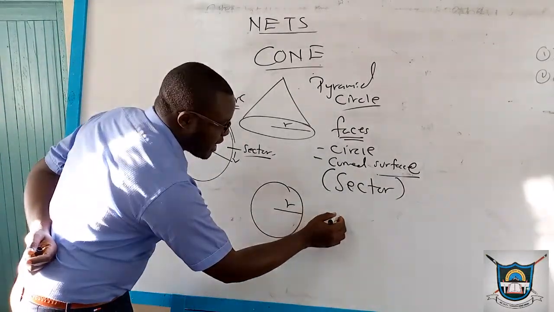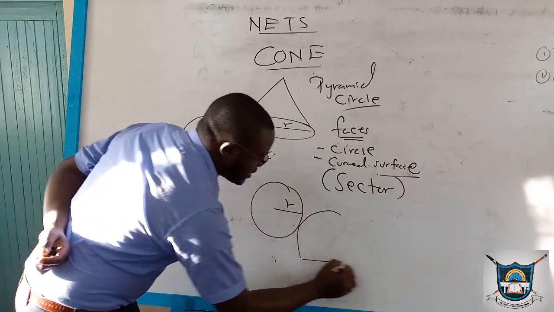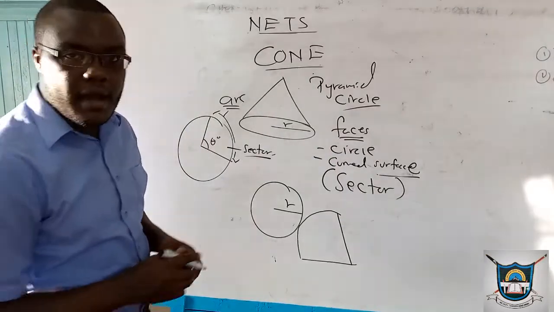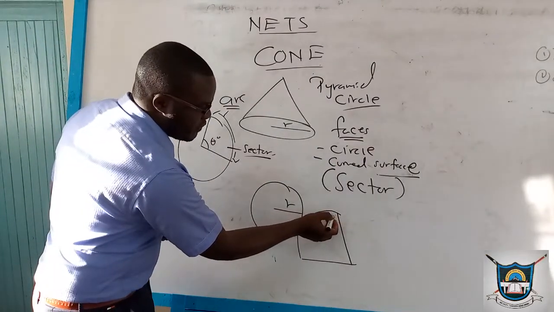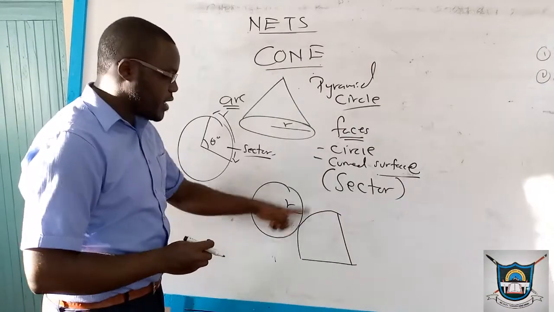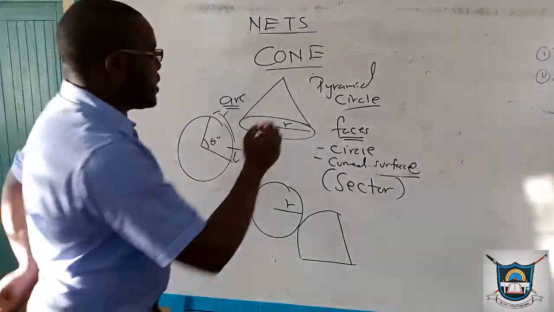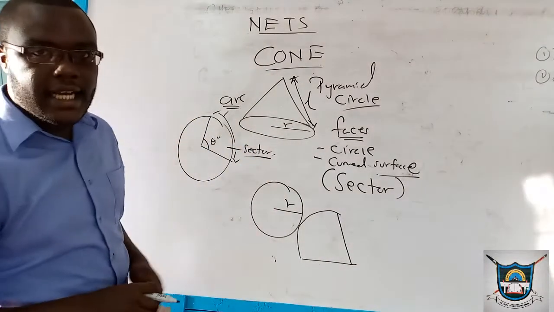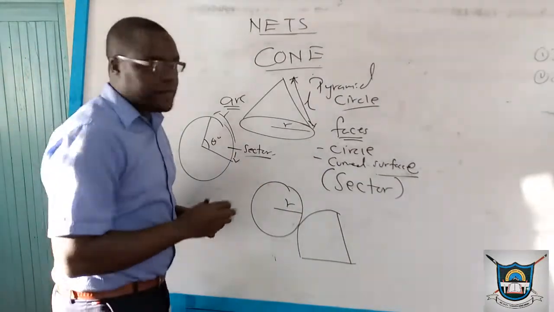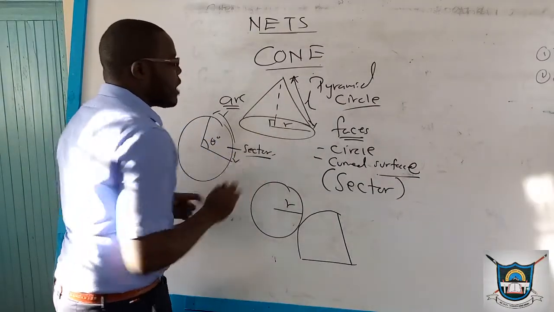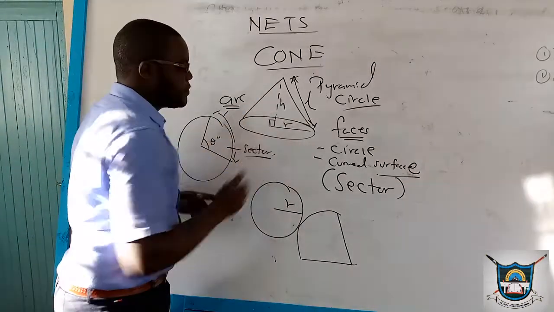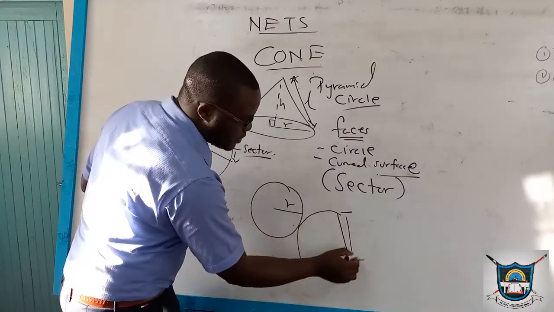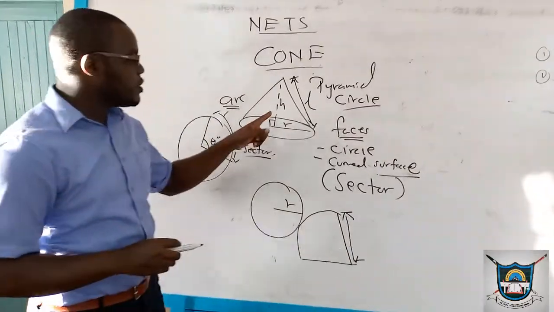Therefore, I shall come and join a sector, and when it is cut out, it should end up having the length of this arc corresponding with the circumference of my circle. We have a slant height L, which is different from our perpendicular height H. When you are drawing the net, what is cut out here does not correspond with the height.